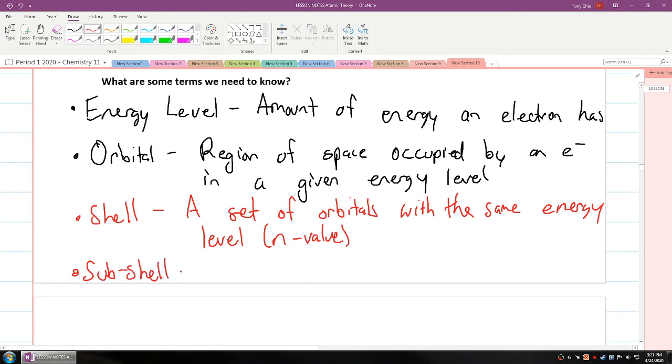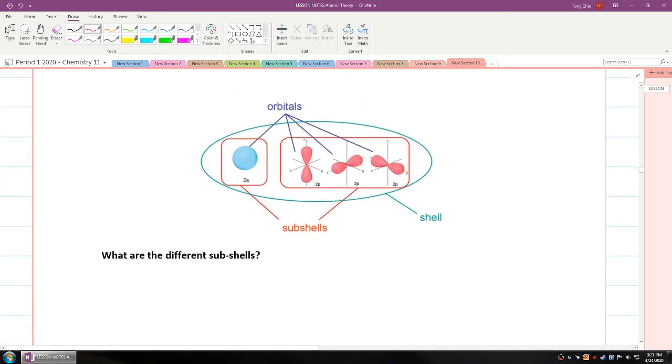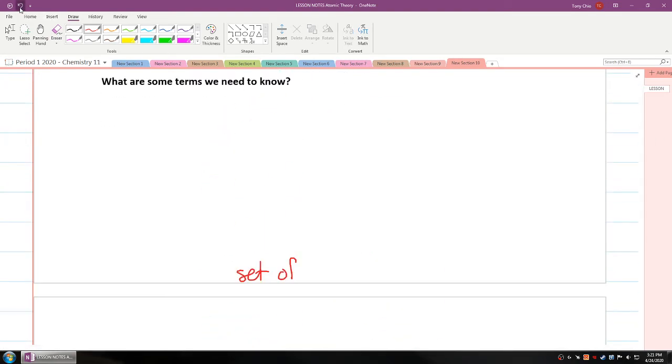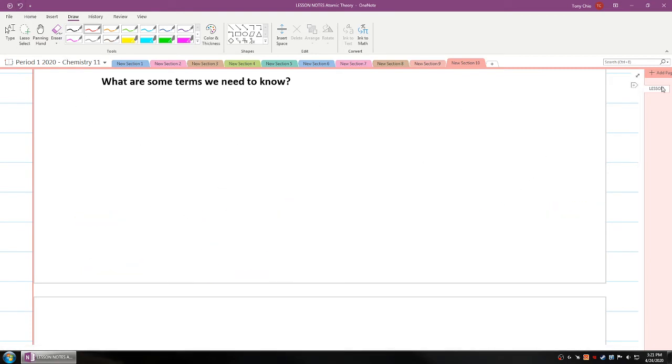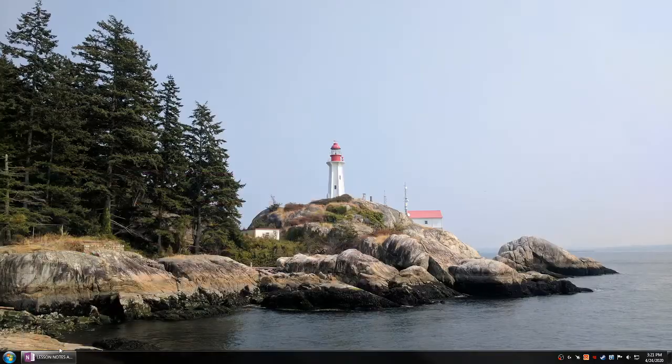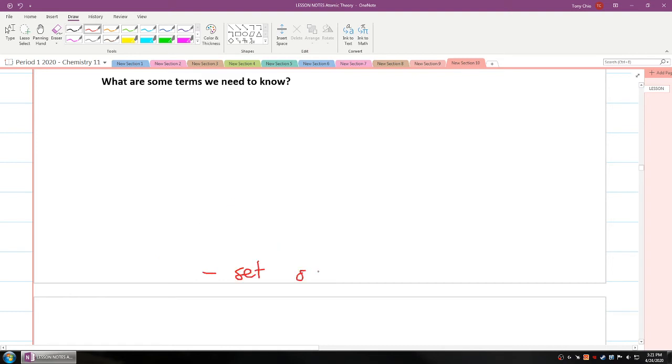A subshell is a set of orbitals that look the same.